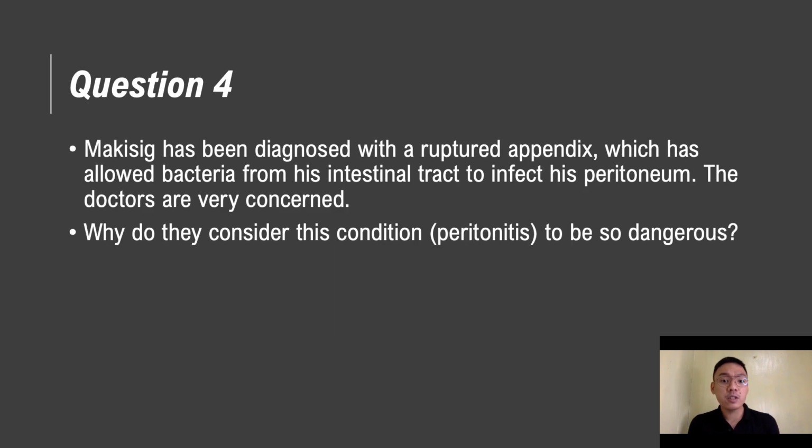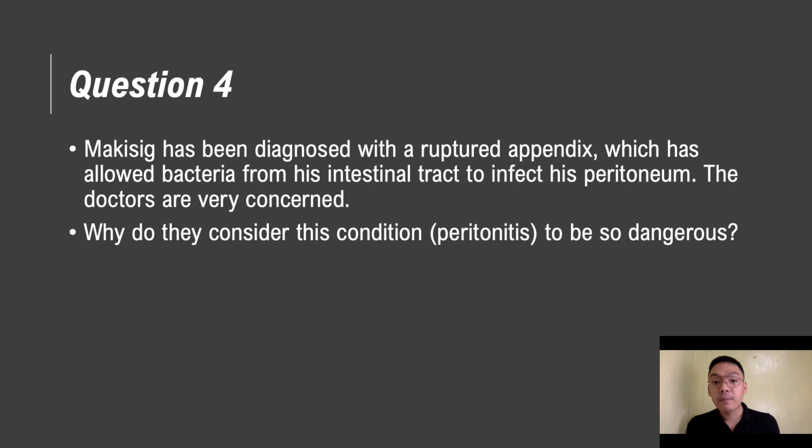And last question. McKissick has been diagnosed with a ruptured appendix, which has allowed bacteria from his intestinal tract to infect his peritoneum. The doctors are very concerned. Why do you consider this condition, peritonitis, to be so dangerous?